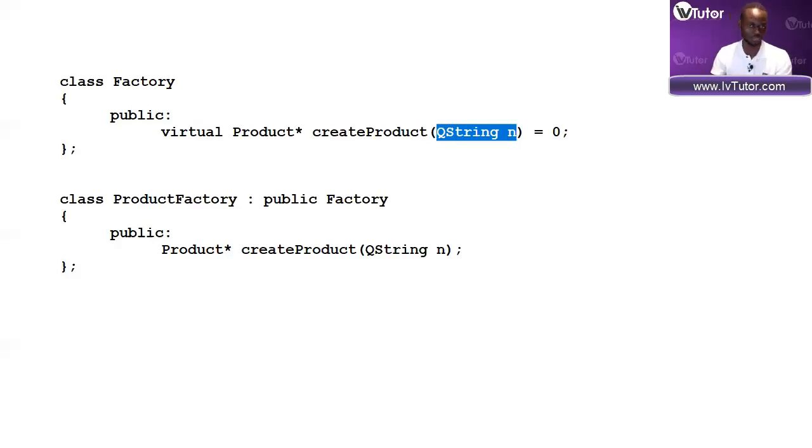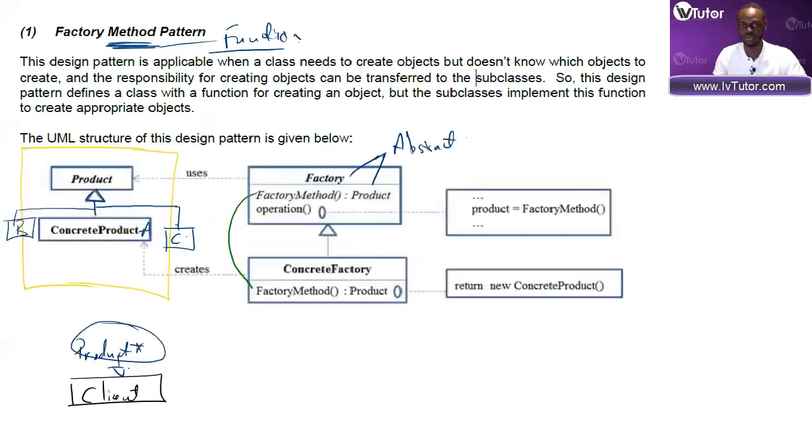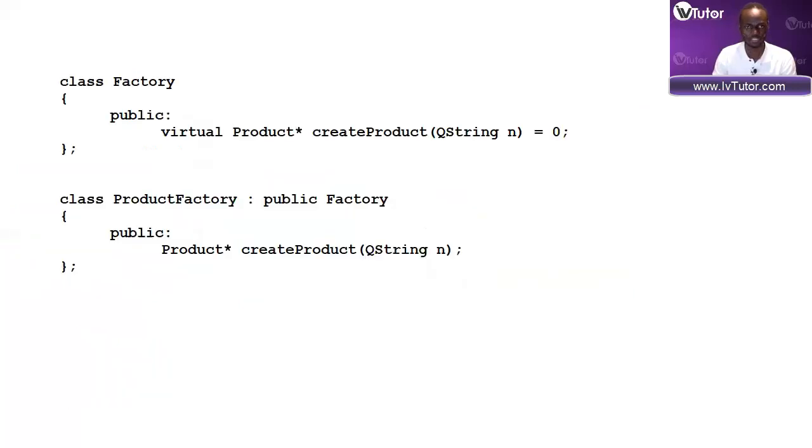It's not always a QString. But I am saying your factory method must have a way of deciding which instance is being requested, especially when you start dealing with more than one instance, right? So in other words, this diagram would look slightly different because inside our function here, we would then have a QString that says that's how you decide which instance you want, okay? Just to make things simple.